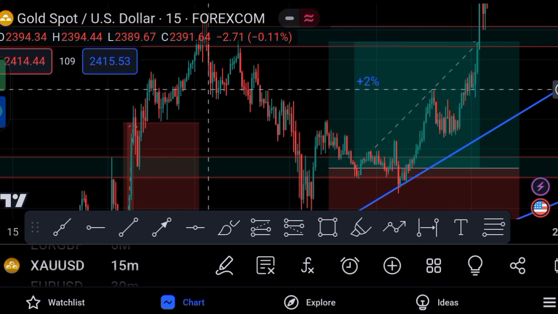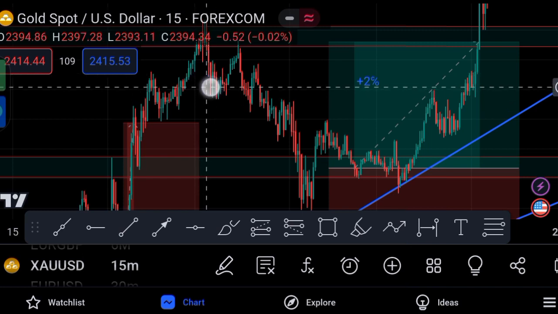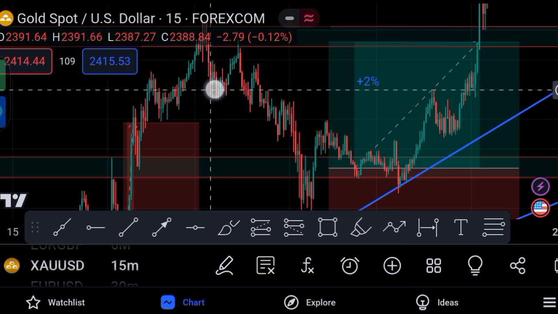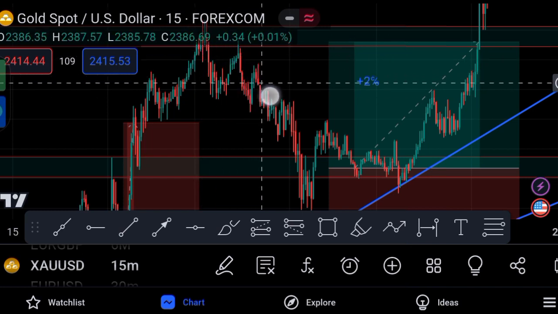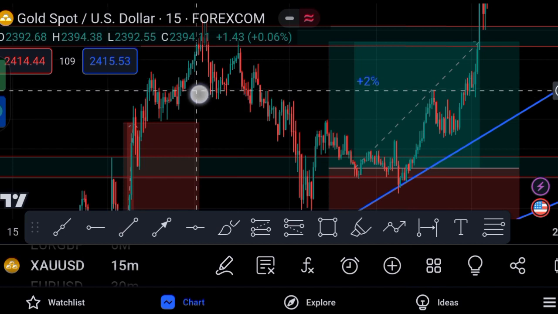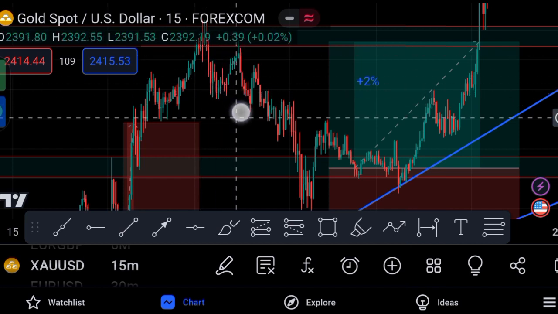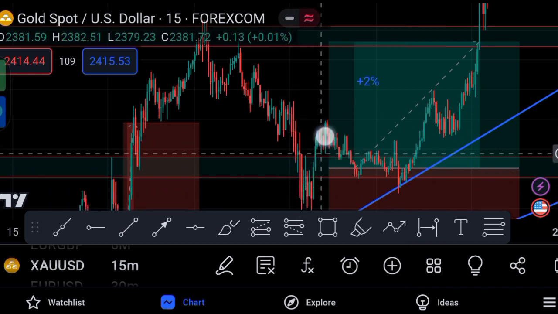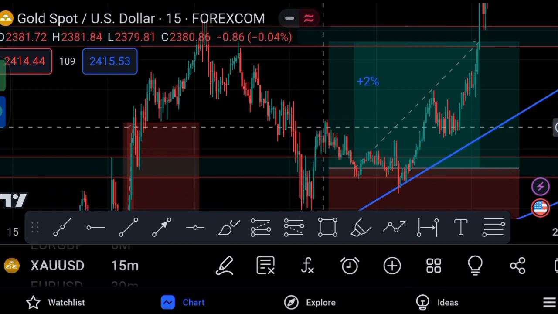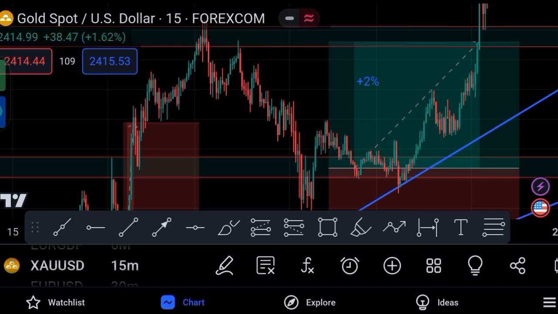If you look at this, this low is lower than this low, and this high is lower than the previous high, there's a high here, it's lower than this high. So lower low, lower high, lower low, lower high. I was waiting for it to change that trend, right?